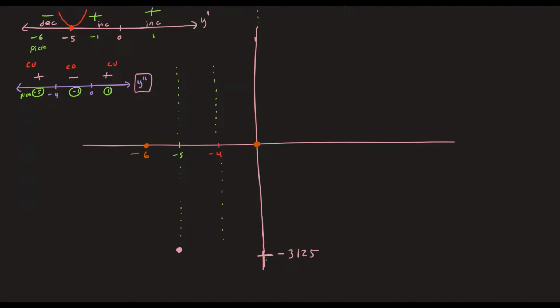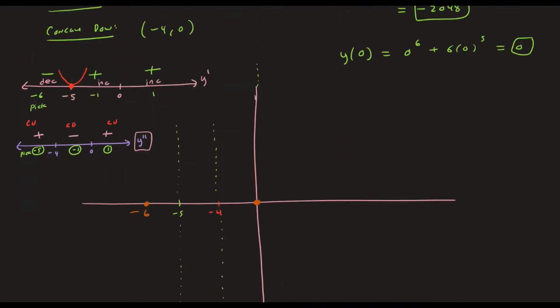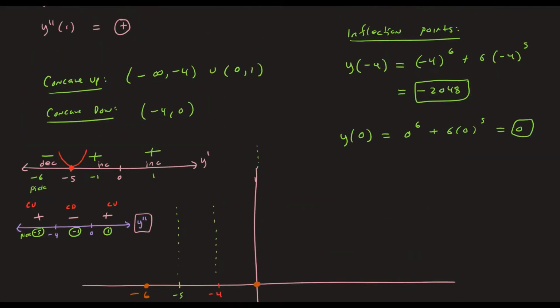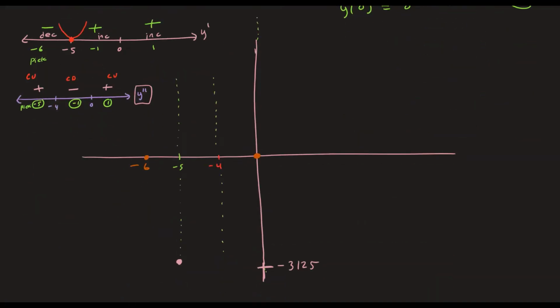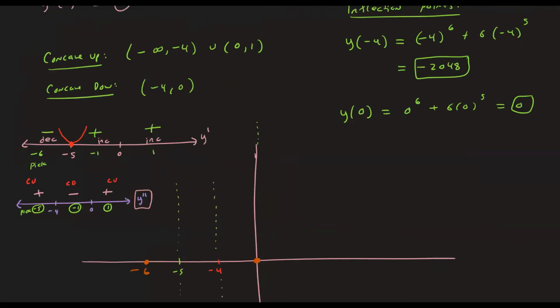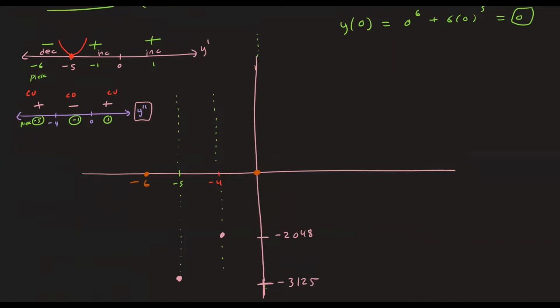That's a local minimum. And then we also have inflection points. There are two of them. At -4, -2048, so -4 maybe right here, inflection point, -2048. And the inflection point at 0.